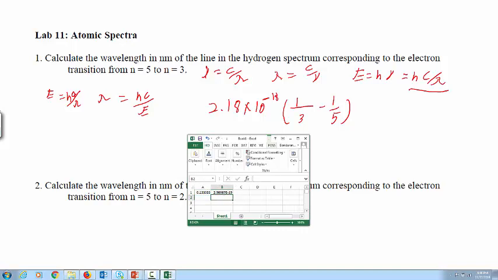And that gives me 2.91 times 10 to the negative 19th.